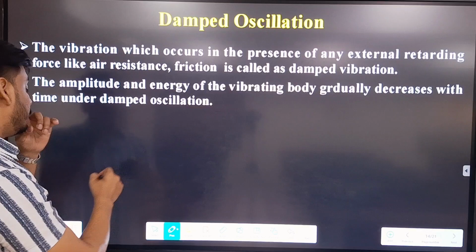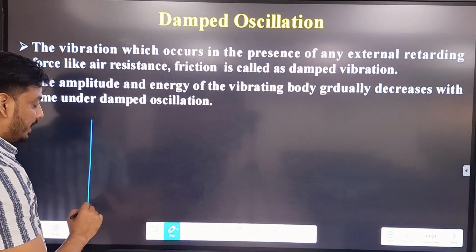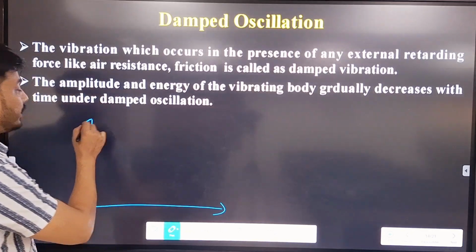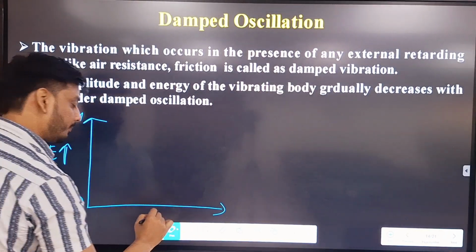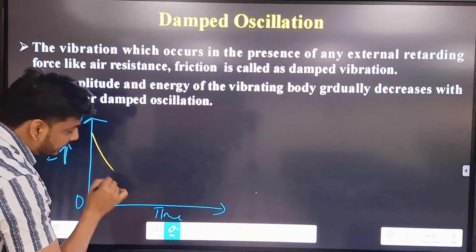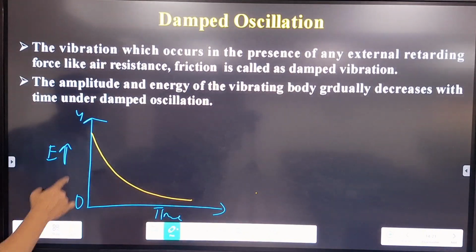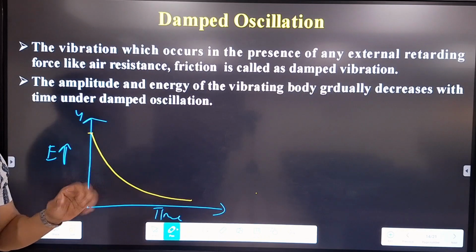So in both cases, energy as well as amplitude, there will be a decrease. If we plot the energy, you can see there will be a drastic change. Here is the maximum, then it decreases exponentially with respect to time.